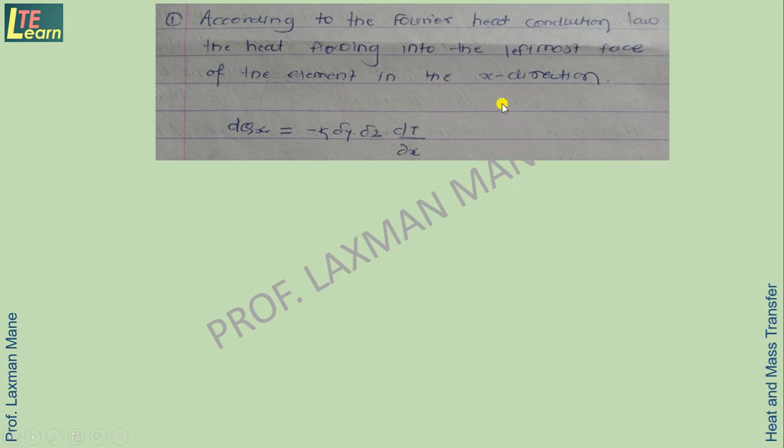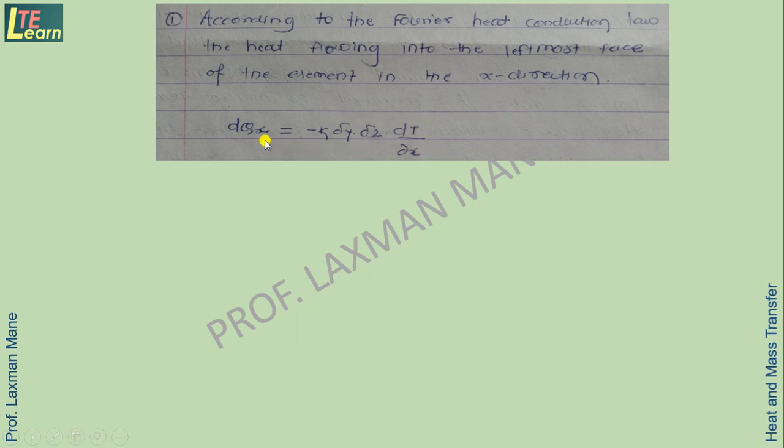According to Fourier's heat conduction law, the heat flowing into the leftmost face of the element in the x direction: Fourier's law of heat conduction is Q equals minus K into the area perpendicular to the direction into the temperature gradient in that direction.